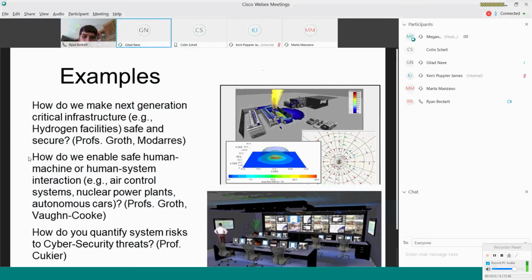Examples would be next generation facilities such as hydrogen storage facilities, but also nuclear facilities, also bridges and aircraft, etc. Another thing is how do we enable safe human-machine or human-system interaction?